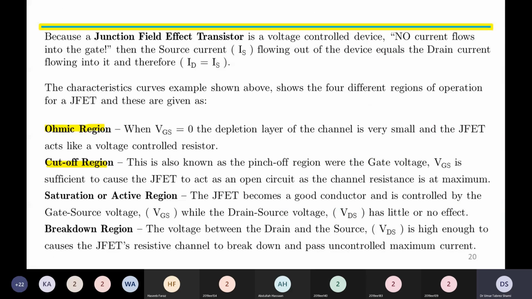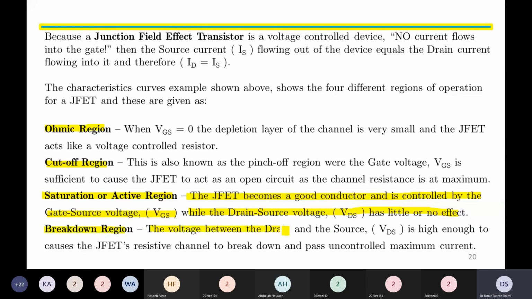Then is the saturation or active region. The JFET becomes a good conductor and is controlled by gate source voltage, while drain to source voltage has little or no effect. And then finally, we have the breakdown region.